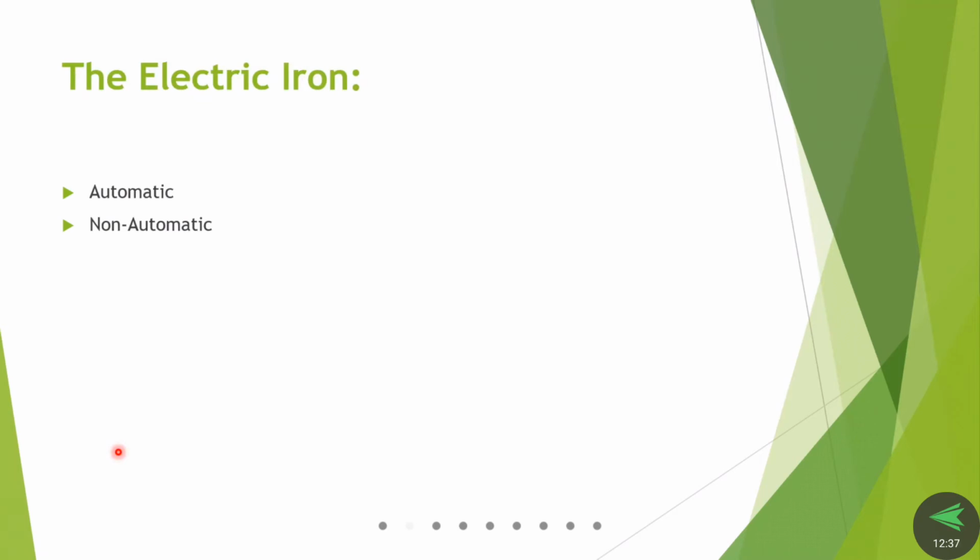Polyester, whenever we apply a higher temperature, the entire cloth will be melted. Cotton requires the highest temperature, more than 100 degrees centigrade. So different clothes have different temperature requirements. Because of that reason, in most cases nowadays we are using the automatic type.